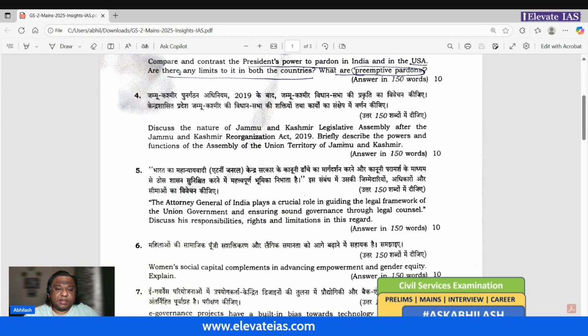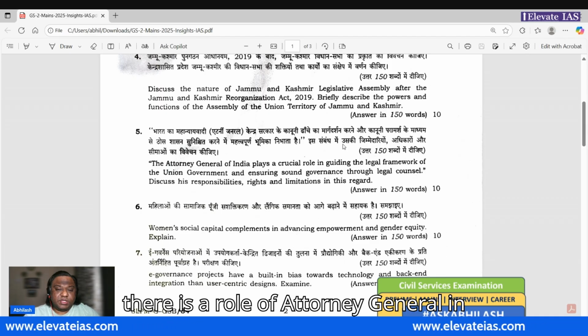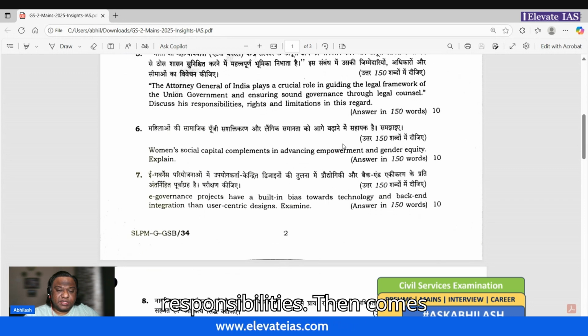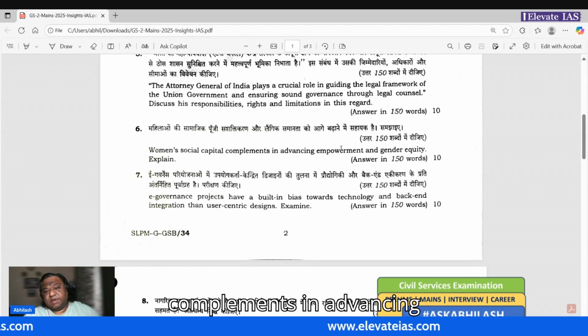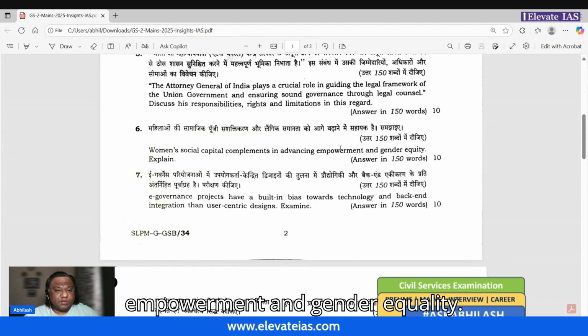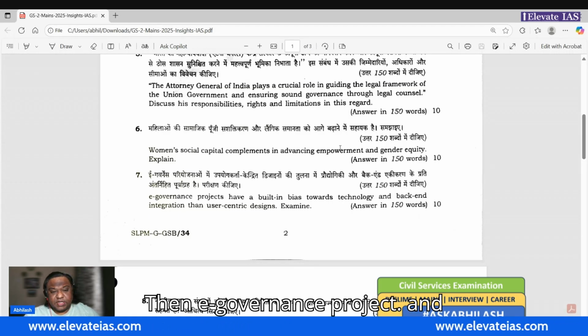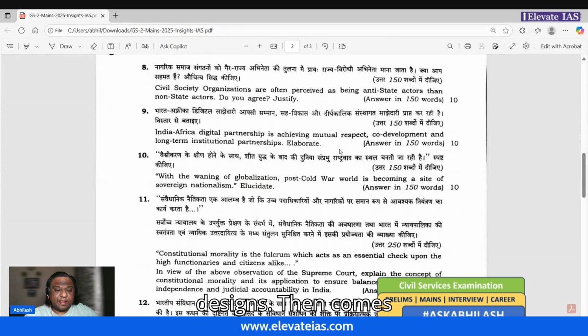Then there is the role of the Attorney General in India, asking its importance and responsibilities. Then comes the sixth question on women's social capital complementing empowerment and gender equality. Then e-governance projects and backend integration using user-centric designs.